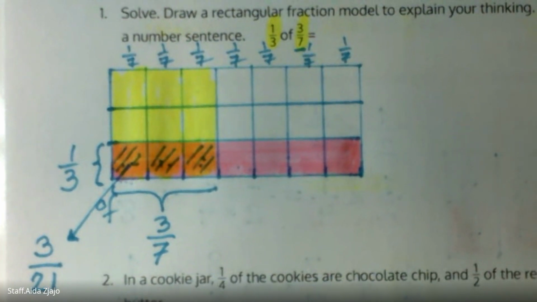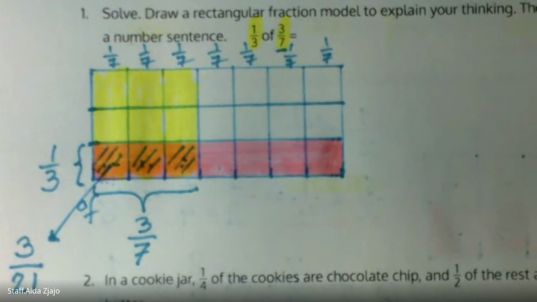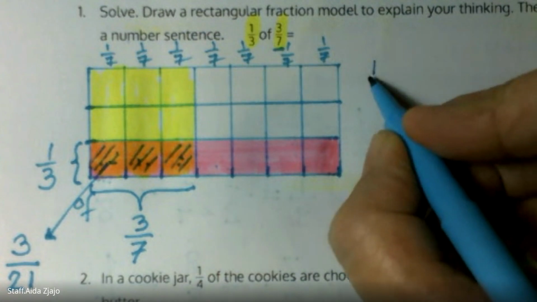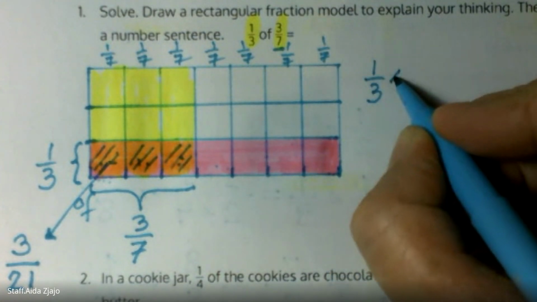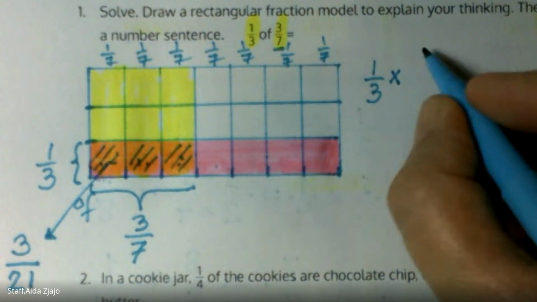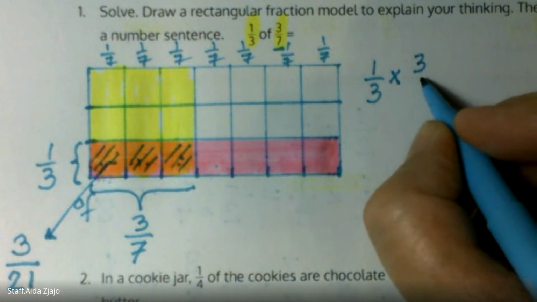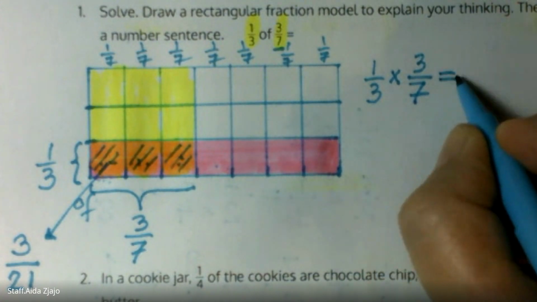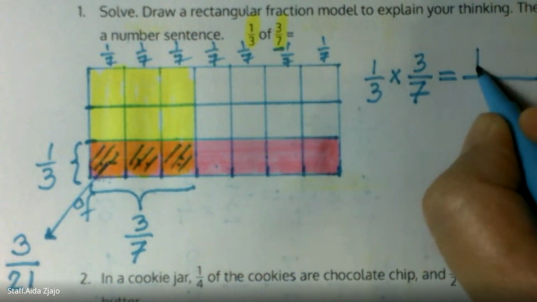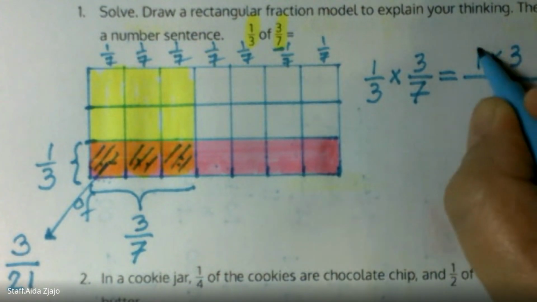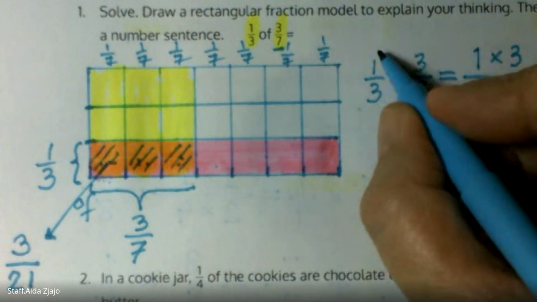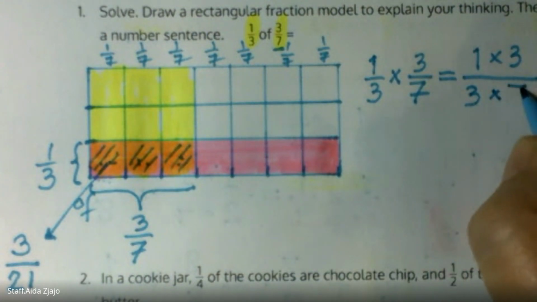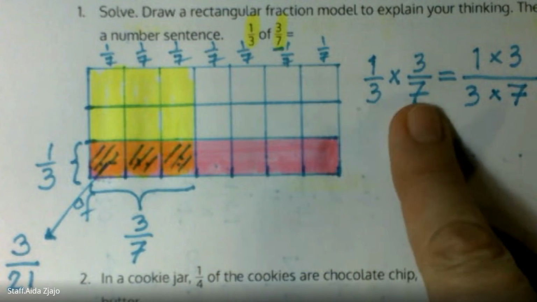Okay, so now we're going to write this as a math sentence. 1/3 of, multiplication, times 3/7. The rule for multiplication says multiply numerator by numerator, the top number by the top number, and then denominator by denominator, which are the 3 and 7.